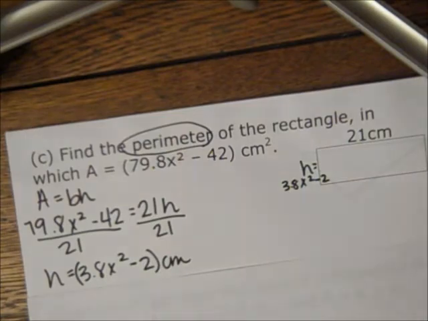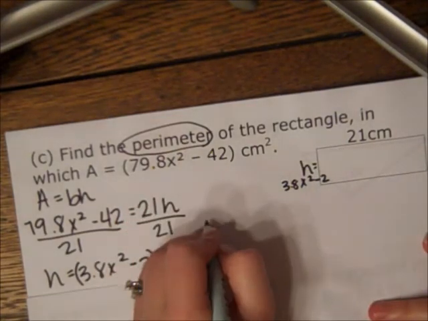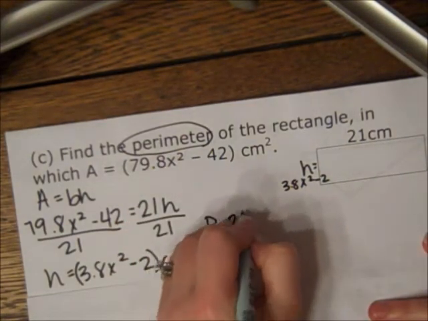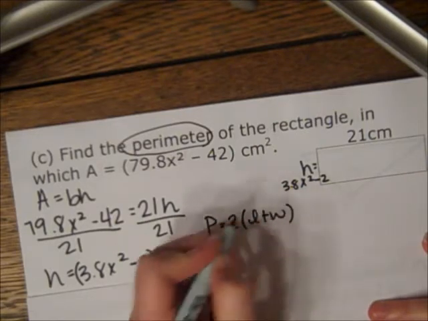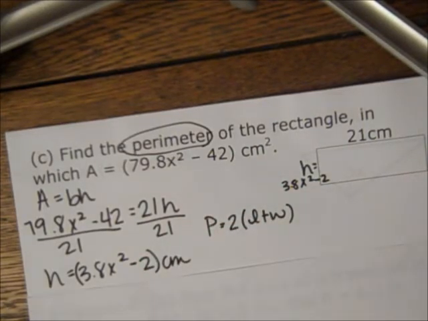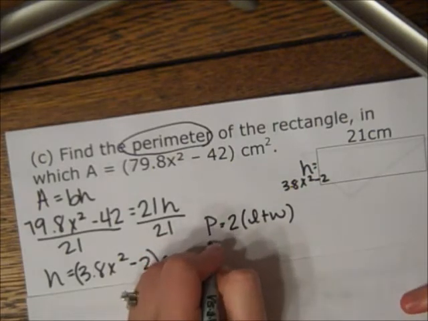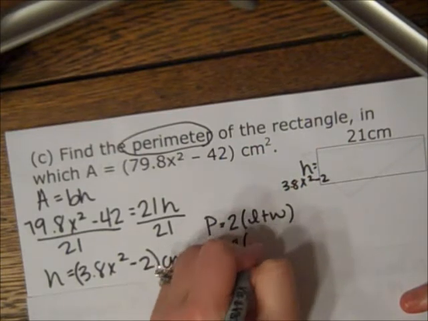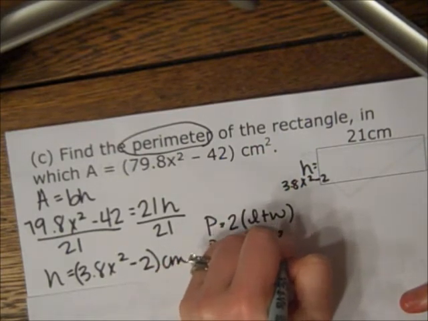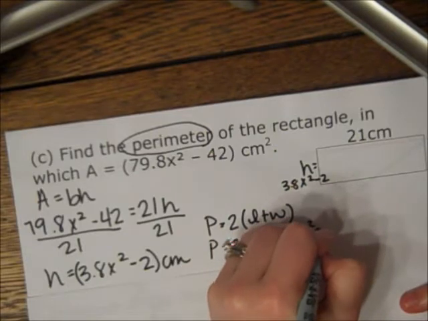Now our job is to find the perimeter. So perimeter, you know the formula is 2 times length plus width, or base plus height, whichever way you want to think about it. So basically we're going to add these two sides together and then multiply by 2 to get the other two sides in there. So 21 plus 3.8x squared minus 2.